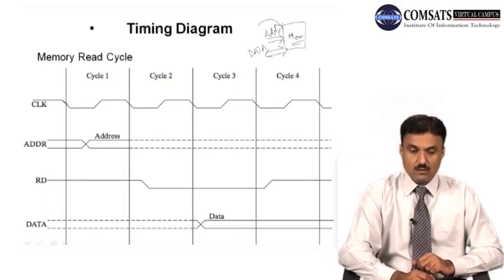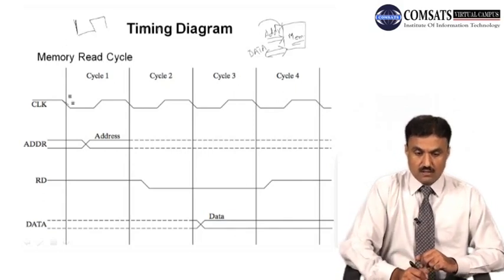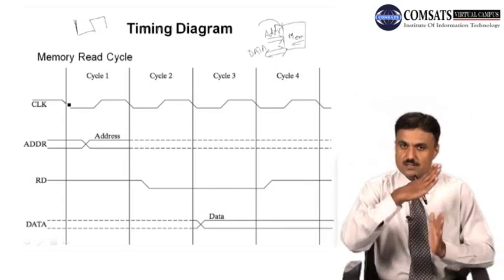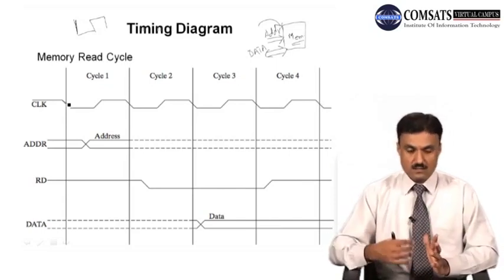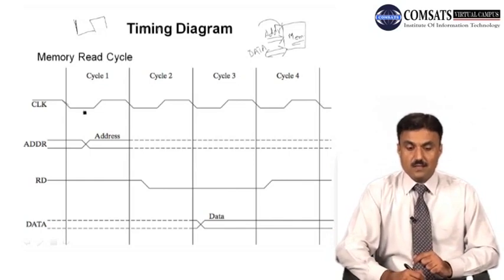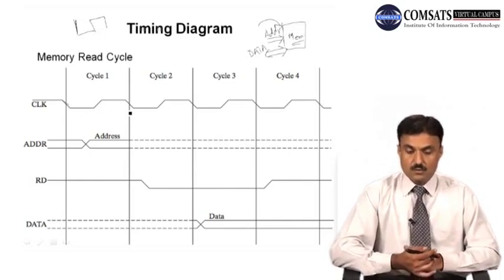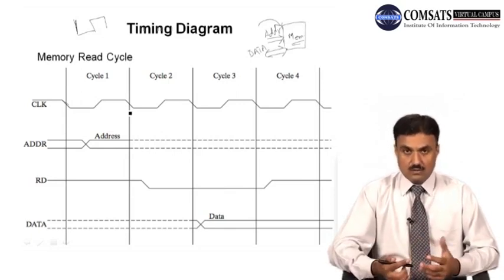You can see this clock is like this one. Actually, clocks are not simple pulses like this; they are represented like this, with a slanted line at the leading edge and the trailing edge. But here you can see this is a complete cycle, starting from here and ending here.